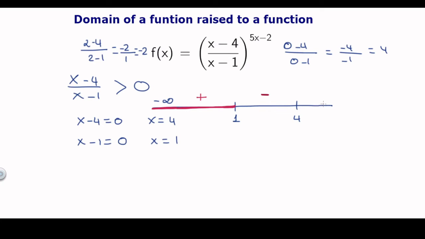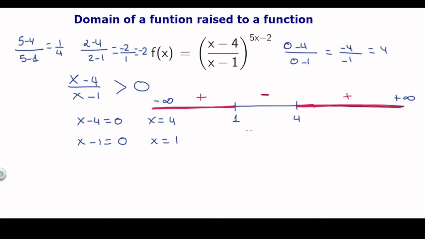And finally, we will consider a number between 4 and positive infinity. 5 will do. 5 minus 4 over 5 minus 1. That's 1/4, which is positive. Okay, so the portions of the number line where the function's value is positive will be included in the domain.